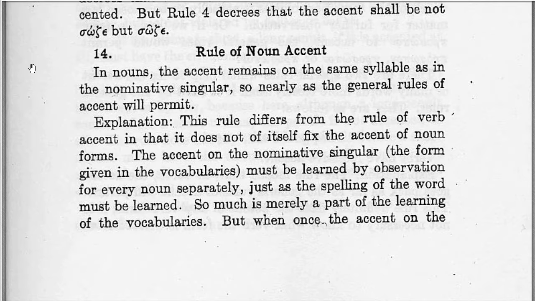Is it a singular or plural? Is it a feminine, masculine, or neuter? And the case, the nominative case, is the focal point on nouns. So when we look at a noun, we look at its nominative singular form, and that will tell us how far back the accent will remain, how far it will go back as the general rules of accent will permit.